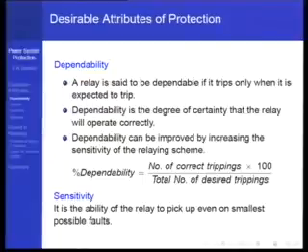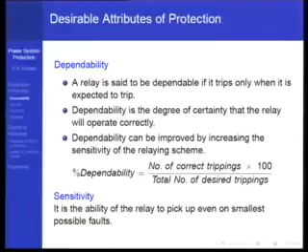You want some trip to have taken place, but the relay did not trip. That means this number need not be 100%. If the number of correct trips is equal to the number of desired trips, the dependability will be 100%. But some fault may go undetected, and therefore the dependability may be less than 100%.